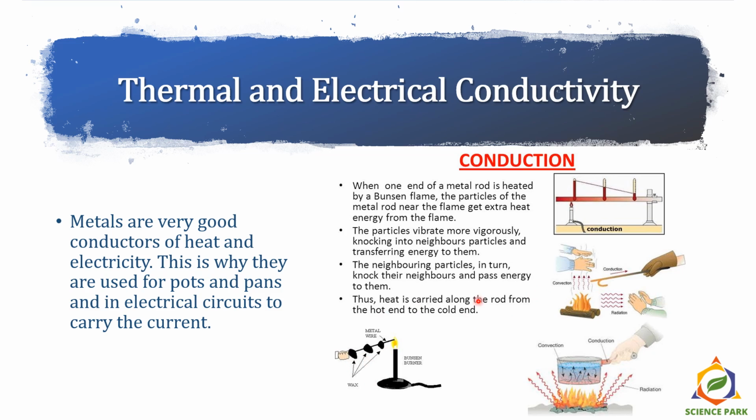Now this we often observe when we sit for campfires. The heat transfers from the hot part to the colder part in air. Right? We even see this when we go for camps and we do our cooking with the flame.